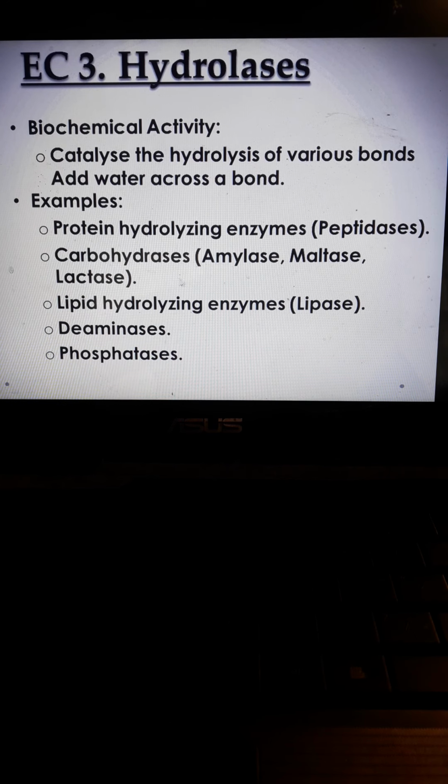Amylase acts on starch to give glucose, maltase on maltose, and lactase on lactose. Lipid-hydrolyzing enzymes include lipase, which hydrolyzes lipids; deaminase, removal of the amino group; and phosphatases, removal of the phosphate group.